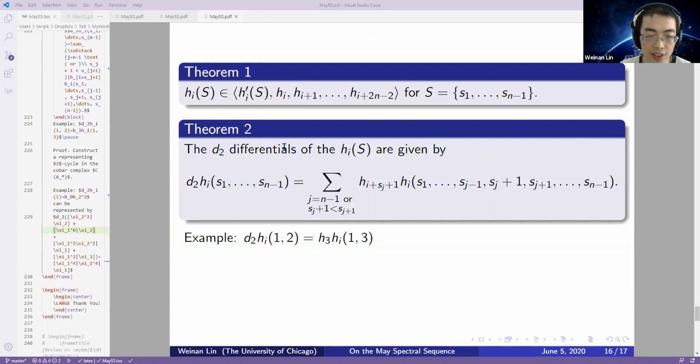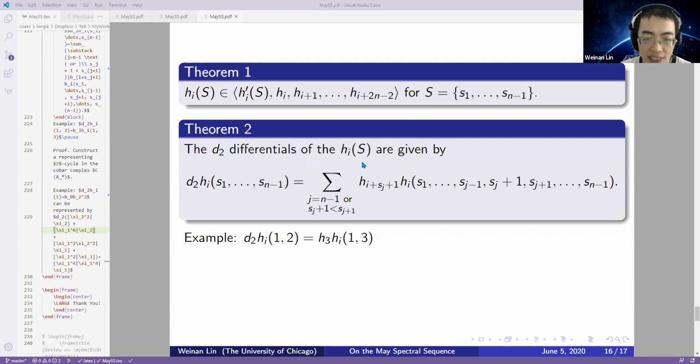Okay, now this is theorem 2. So assume that May's conjecture is true, that these H_{i,S} are all the indecomposables. Then in order to move to the next page in the May spectral sequence, it suffices to know the d2 differentials of H_{i,S}, and also, of course, d2 of b_{ij}.